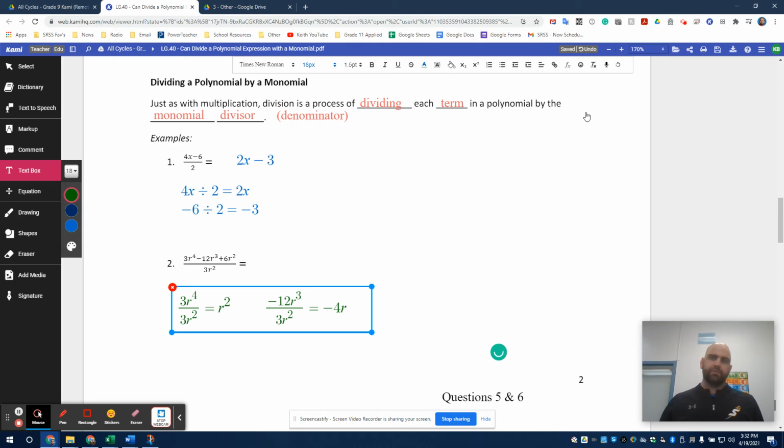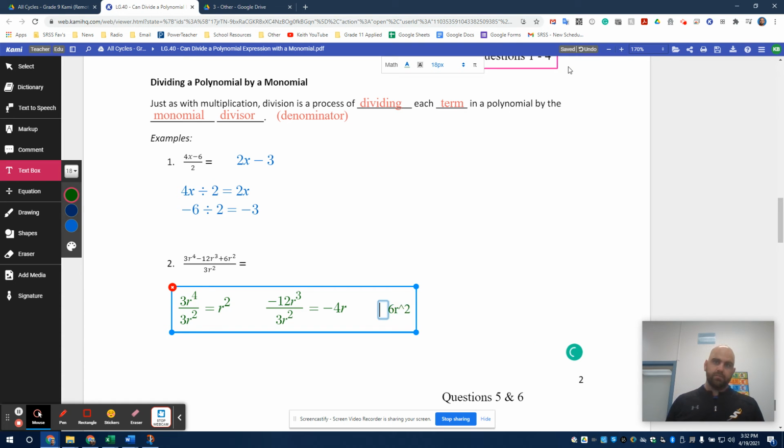And we're going to do one more. Our last one there is 6r squared divided by 3r squared. You'll notice how now the bottoms are all exactly the same.